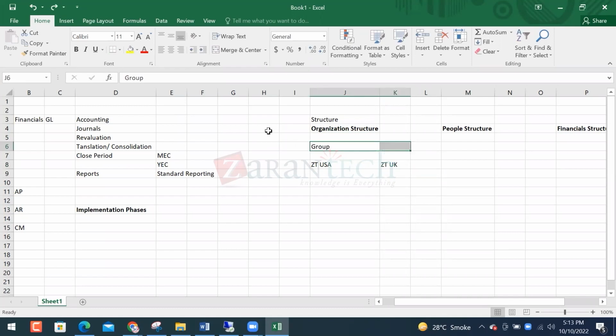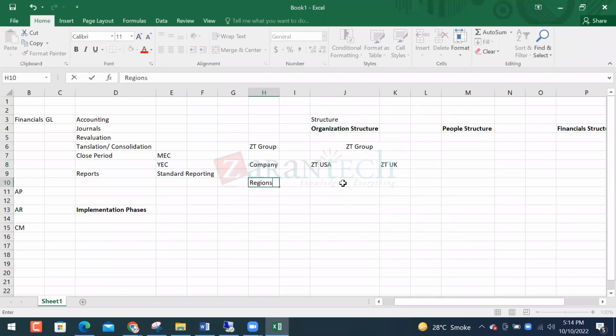Okay, just to have an idea. When we have a group and two different companies, then under those companies there must be some regions. I name it here, ZT group. Then we have the company.